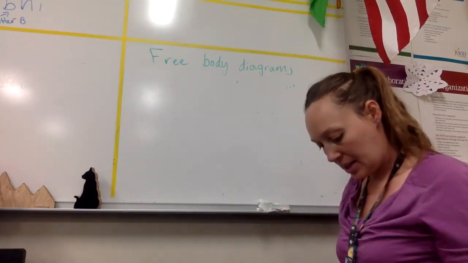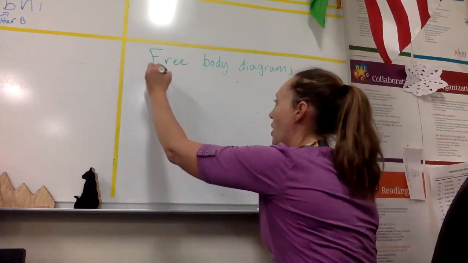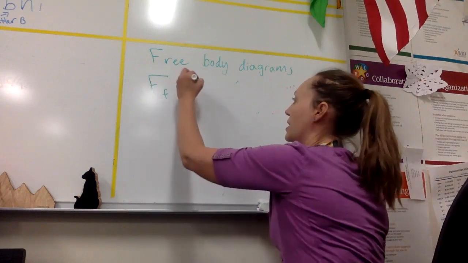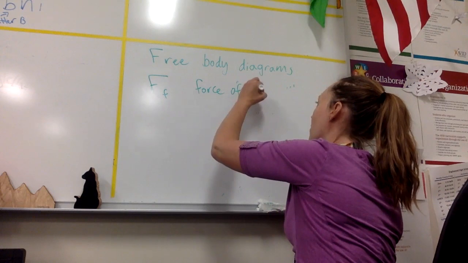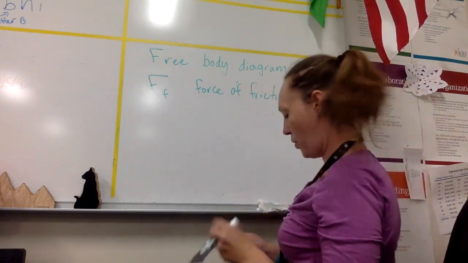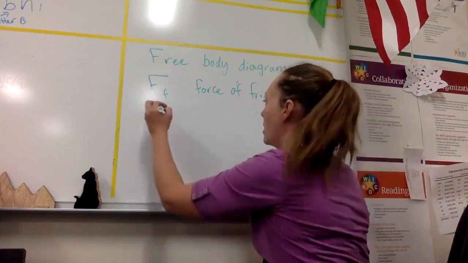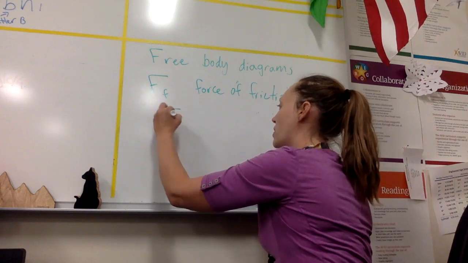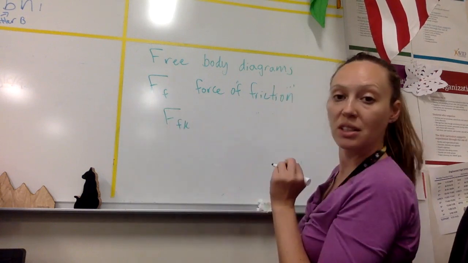Then the last type of force I want to talk to you about is the force of friction. So F little f is the force of friction. And the force of friction, there's two types. There is force of kinetic friction.